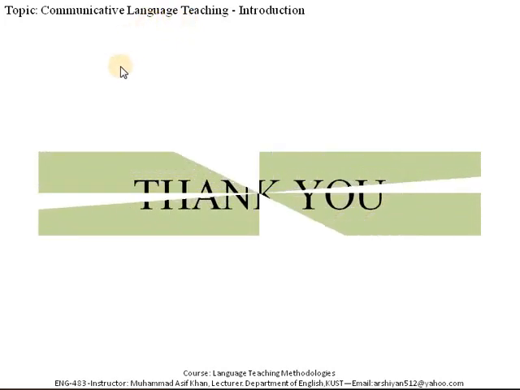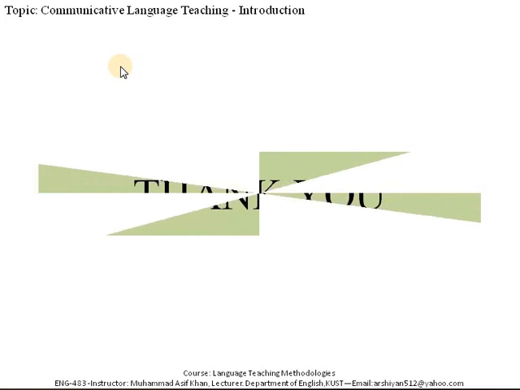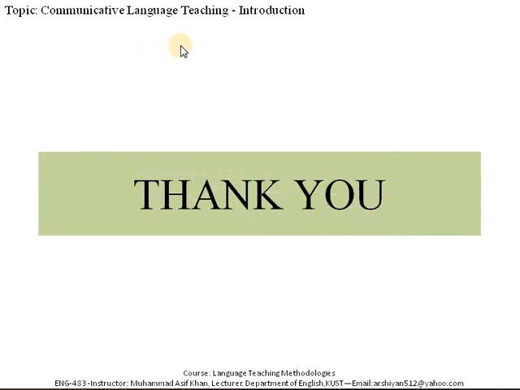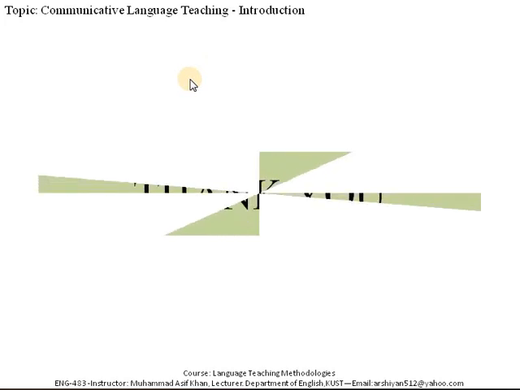This discussion will help you in understanding the basic concepts of CLT and what is special about this theory. I hope that you will have basic information about this theory, and in this way we have revised general concepts about the theory of language and the theory of learning.